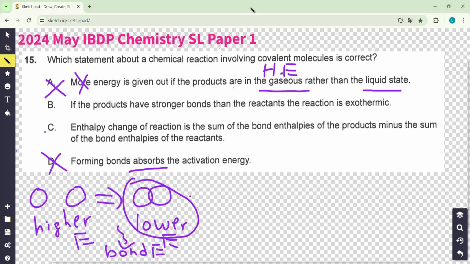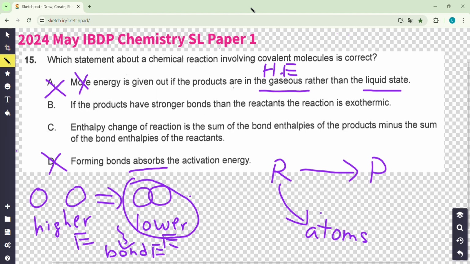For C, it's a little bit complicated. You need to remember what is an enthalpy change and what is a bond enthalpy. So we talk about going from the reactants to products. We can think about this process by bond enthalpy. If we decompose all the reactants into their atoms, break them down, what happens to the enthalpy?